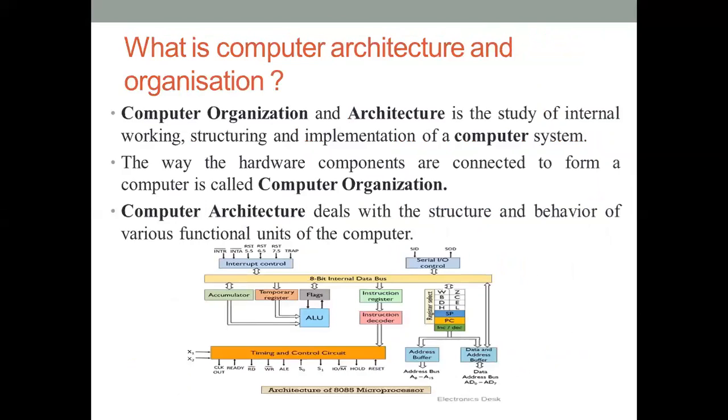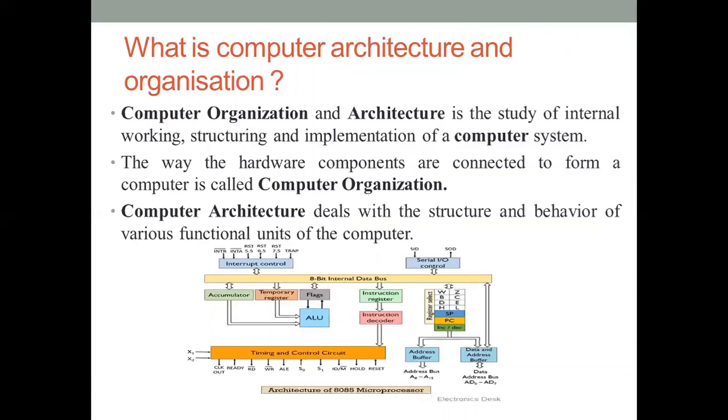Then coming to what is computer architecture and organization. As I discussed earlier, computer organization and architecture is the study of the internal working, structuring and implementation of a computer system. Computer architecture deals with the structure and behavior of the various functional units of a computer.